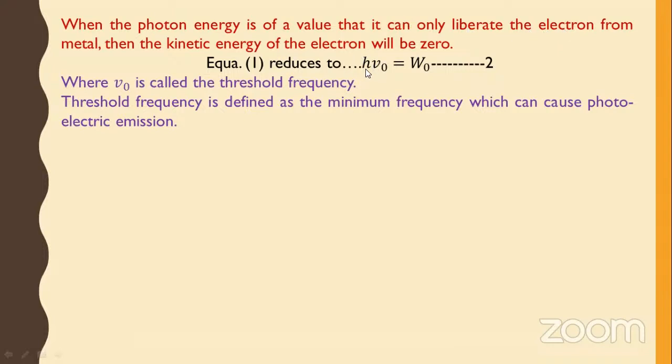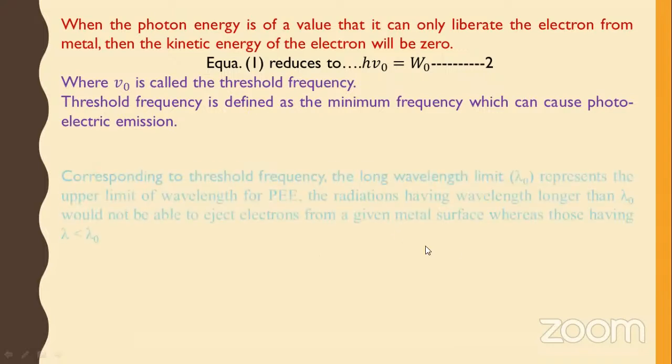In that case, the frequency nu naught is called the threshold frequency, which is the minimum frequency that can cause photoelectric emission.